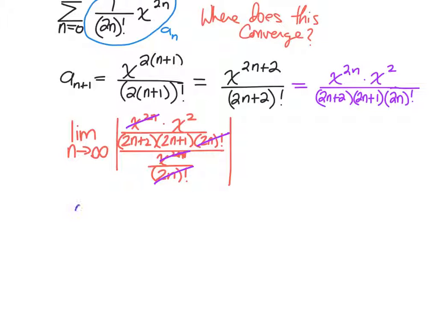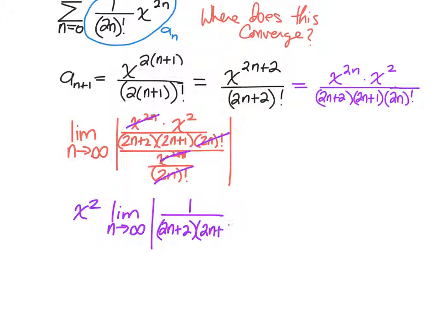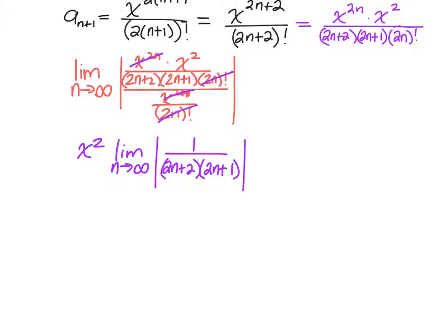All right. So we're looking at x squared coming out of the whole thing times the limit as n approaches infinity of 1 over 2n plus 2 times 2n plus 1, and that limit gives me a what? 0 again. So we have x squared times 0. Now they're not always going to be 0, so I just want to make sure we're clear on that.